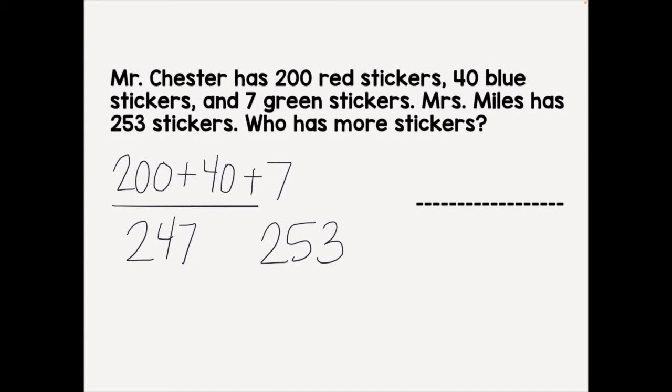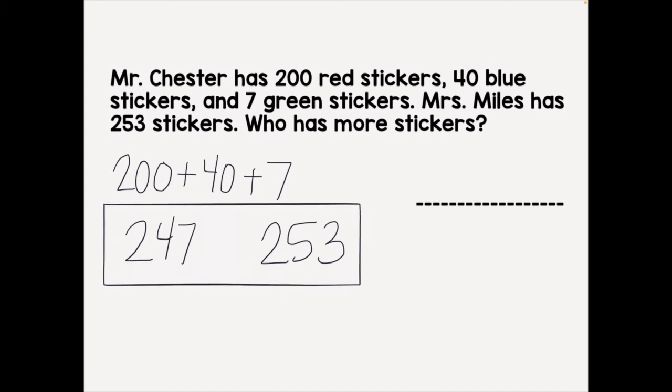Now I have two numbers right here that I can be comparing. I'm going to look at the hundreds place. Those are the same. Move over to the tens place. Mr. Chester has 4. Mrs. Miles has 5. Well, gee, I know 5 is bigger than 4, so I'm going to eat the bigger number.